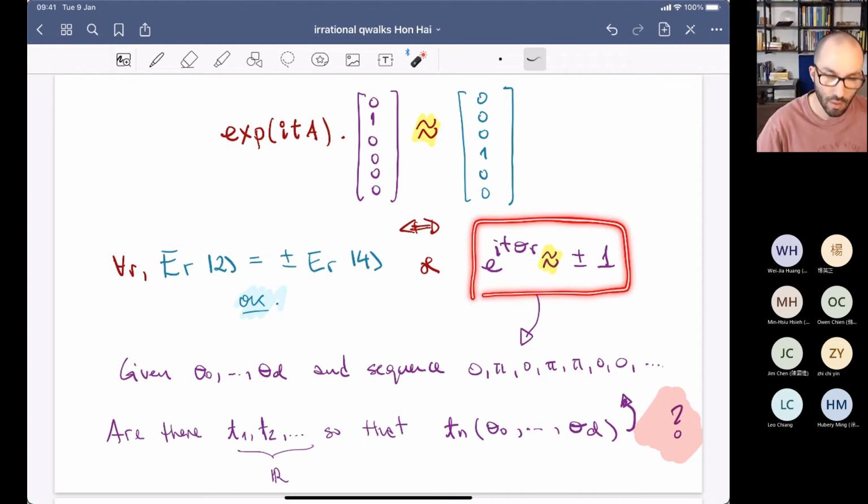So the e to the i t theta r is going to be plus or minus 1, except approximately. So you want to find larger and larger values of t that will make these closer and closer to plus or minus 1, right?